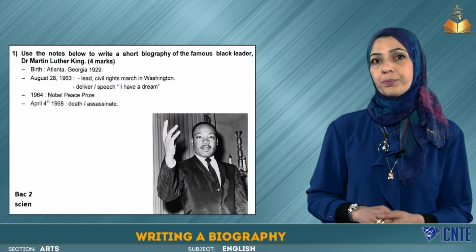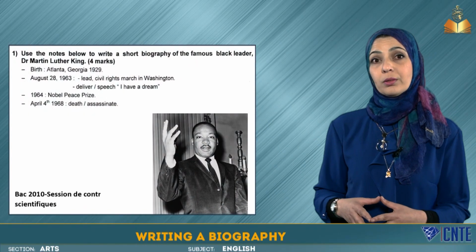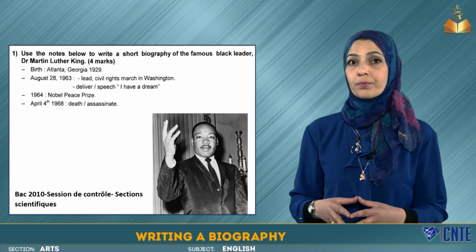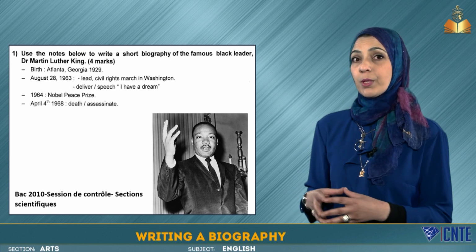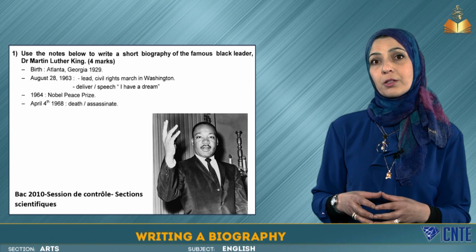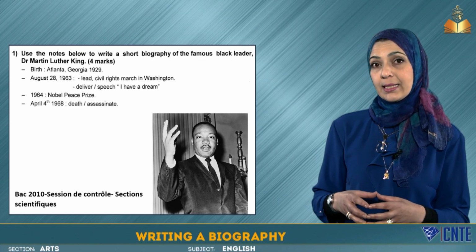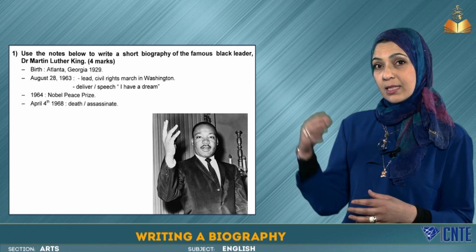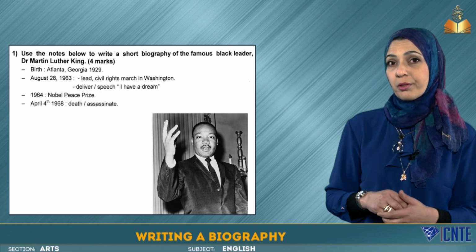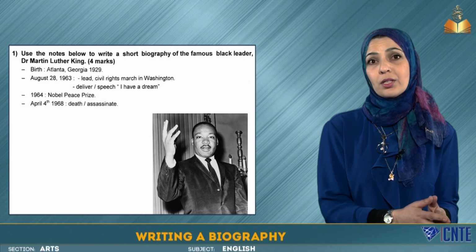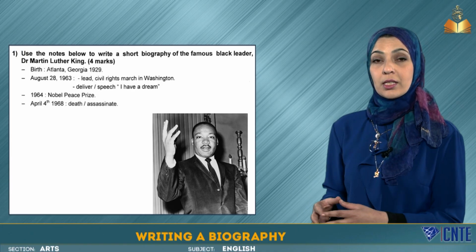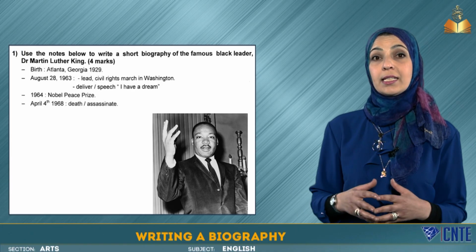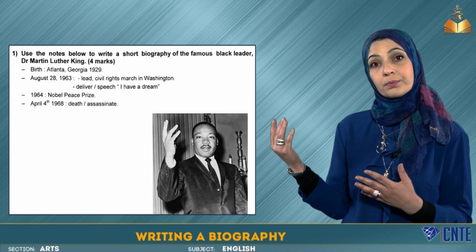Here's an example. In this first example, the instruction states, use the notes below to write a short biography of the famous Black leader, Dr. Martin Luther King. As you can see here, Dr. Martin Luther King is neither a writer nor a scientist. He is a leader, and he is also a colored man.